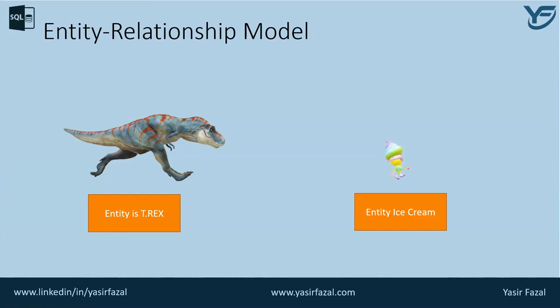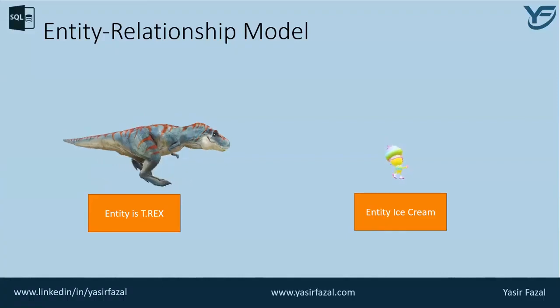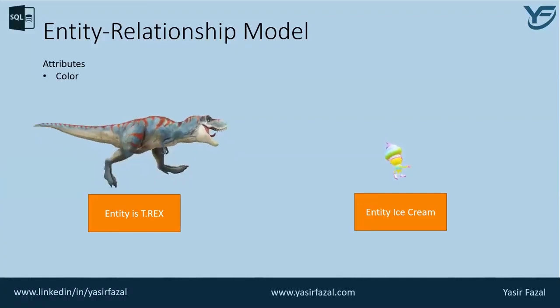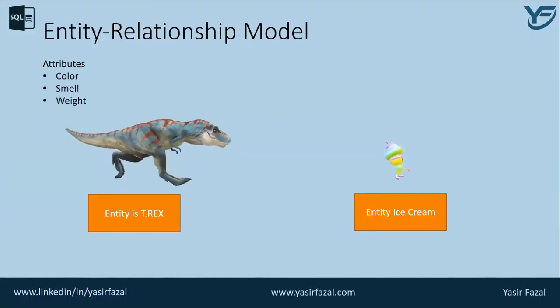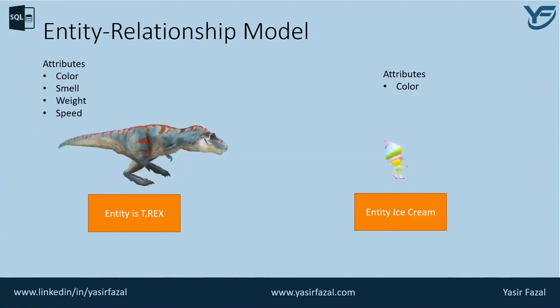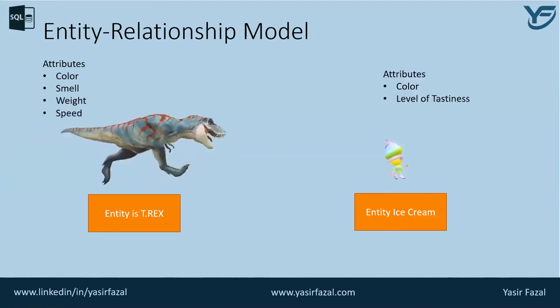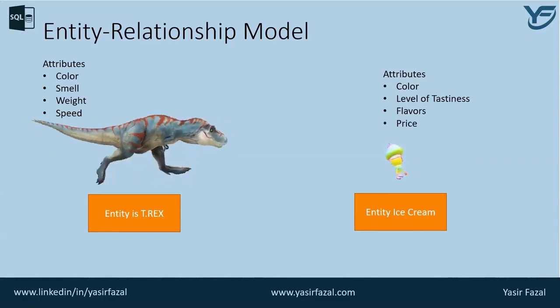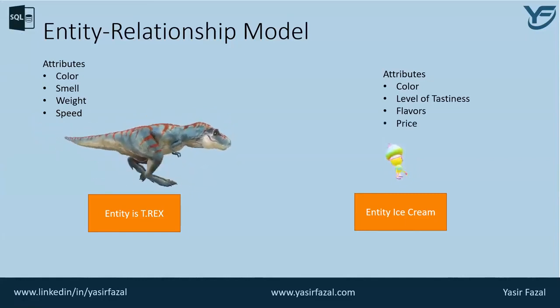Both have some attributes. For T.REX, the attributes could be its color, its smell, its weight, its speed. And for ice cream, the attributes would be color, level of tastiness, flavors, and the price of the ice cream.